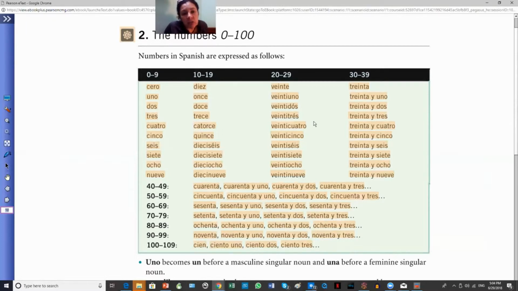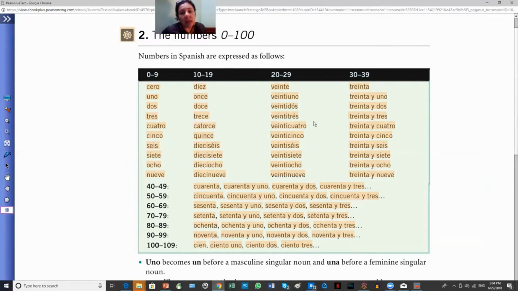The combination of those three elements, veinte y uno, into one word, beginning in 16, diez y seis. Then it continues on the 20s, and it stops on 29. This blending, this mixing into one word, ends in 29.